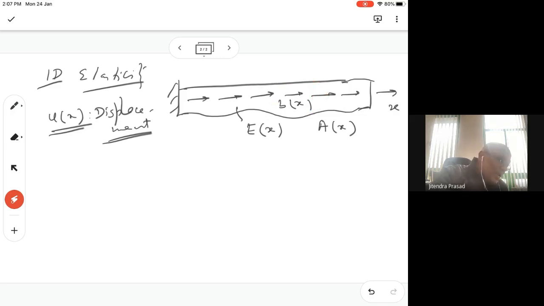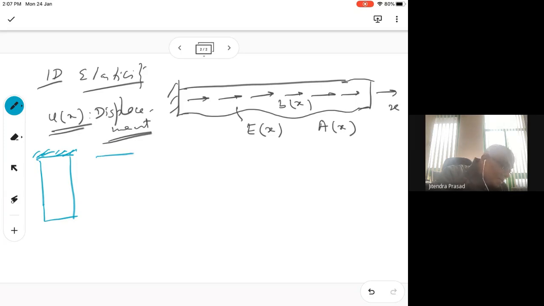Body force is something like, one example could be if there is a bar which is hanging from the ceiling, and because of its own weight, you will see forces in that, right?